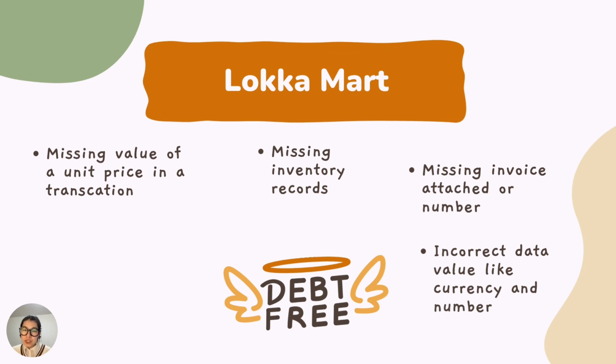Moreover, there are missing inventory records, so we can't validate the actual number of inventory we are holding. Lastly, incorrect data values have also been found, such as the currency and numbers being inconsistent and missing as well.